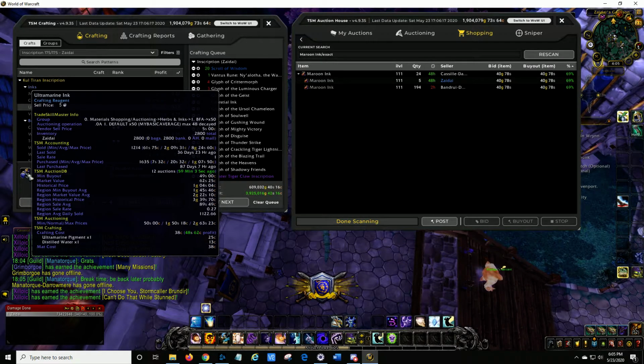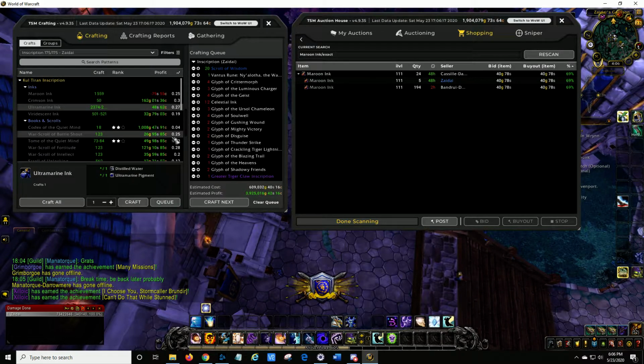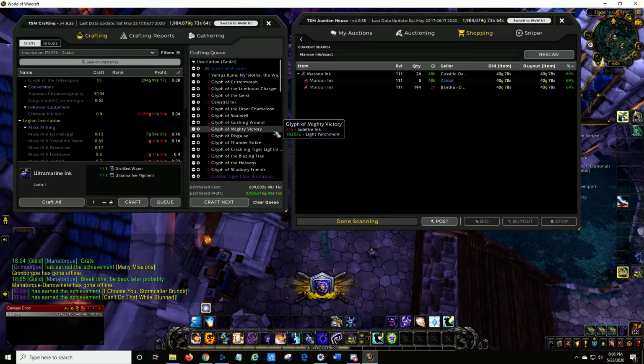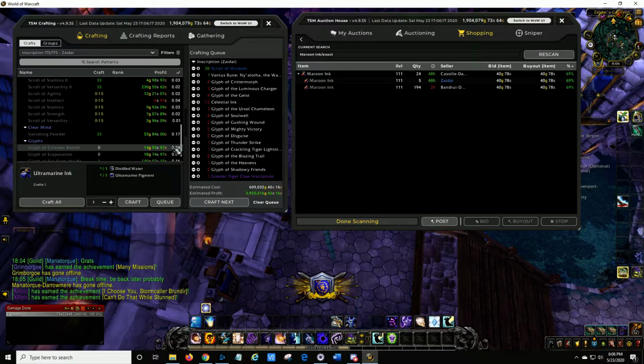That's what they've done in Legion: there's the rosette pigment that you get from milling the Legion herbs, and you can trade that pigment for some of the older inks that you might want to use for leveling up your older Inscription, your vanilla and stuff like that.